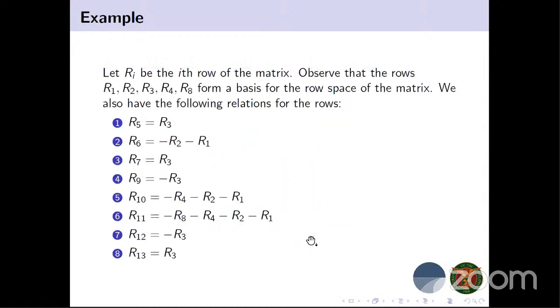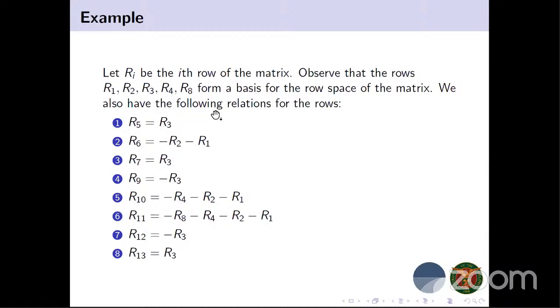Now, let Ri be the ith row of the matrix. Observe that the rows R1, R2, R3, R4, R8 form a basis. So that would be the next step after getting the transpose of the stoichiometric matrix. You will have to get a linearly independent set. So in this particular example, we consider R1, R2, R3, R4, and R8 as the elements of the basis.